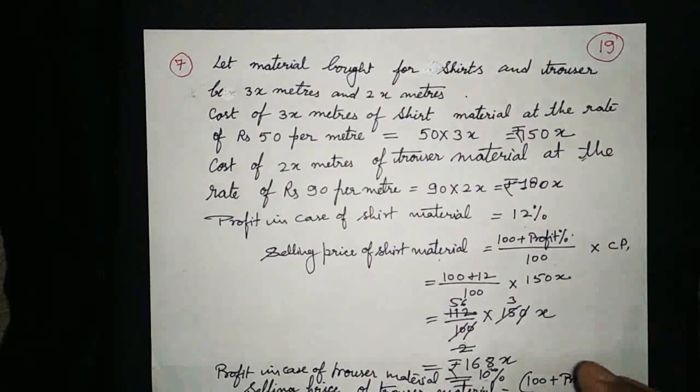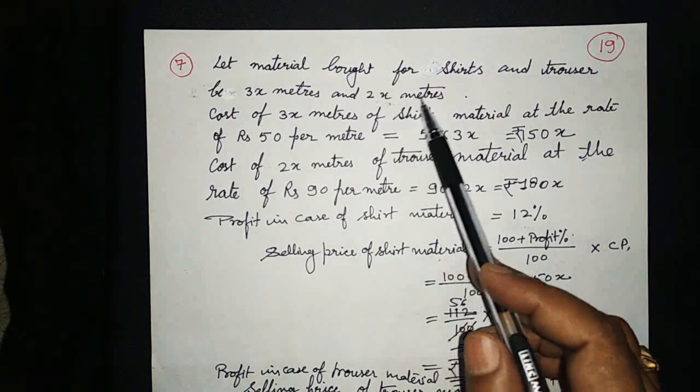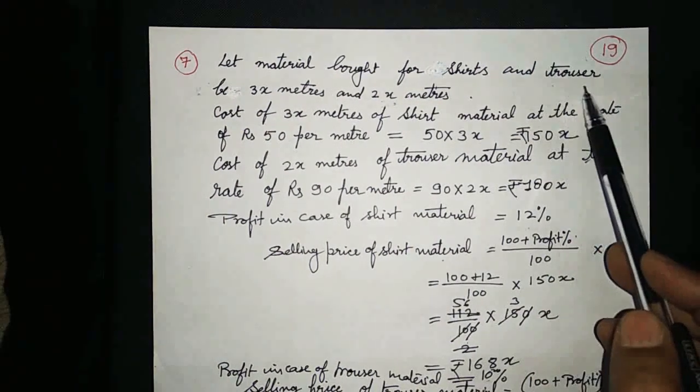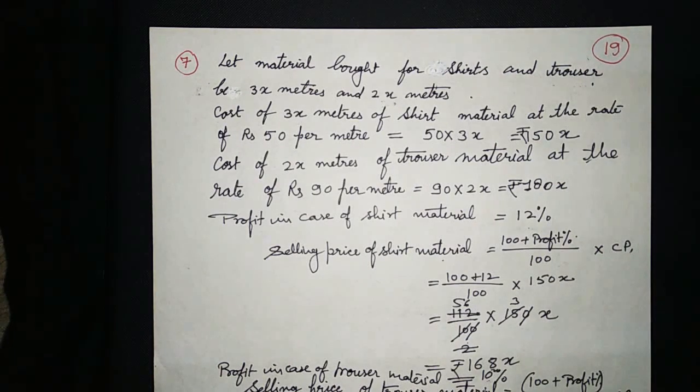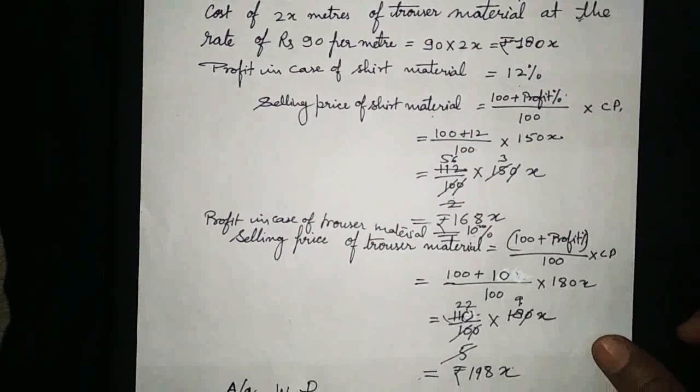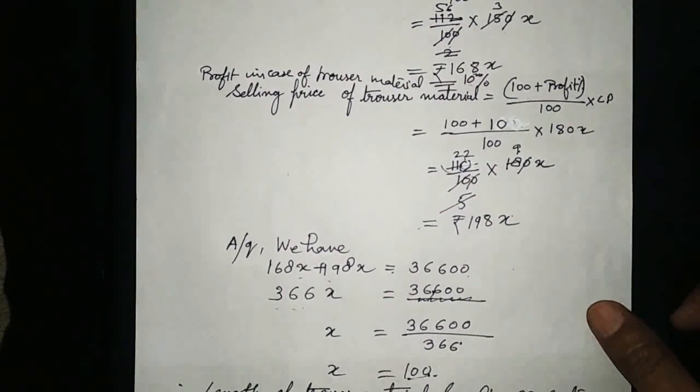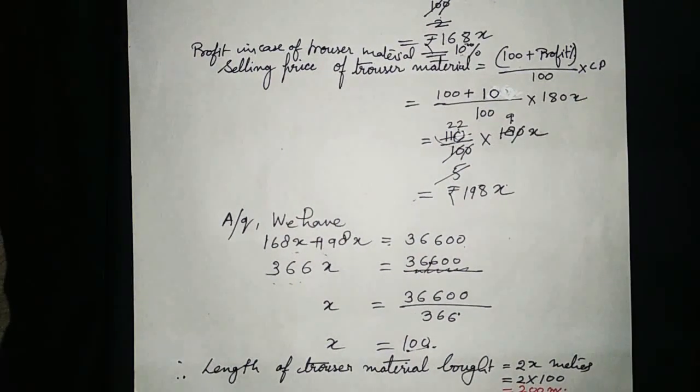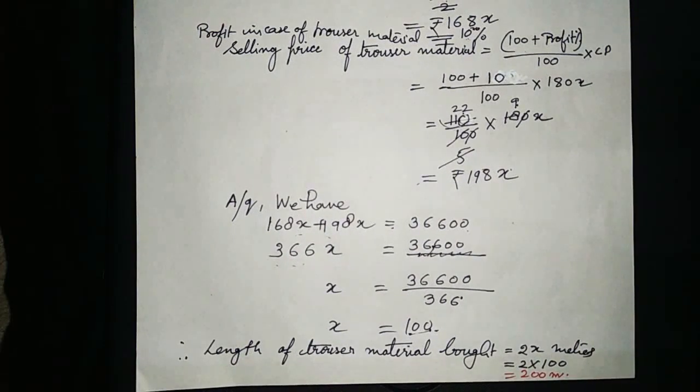Here you can see 2x meters. 2x meters of trouser material he purchased. So here the value of x we will put in 2x for the length of trouser material he bought. 2 into 100 is equal to 200. Like this you can calculate the length of trouser material bought.